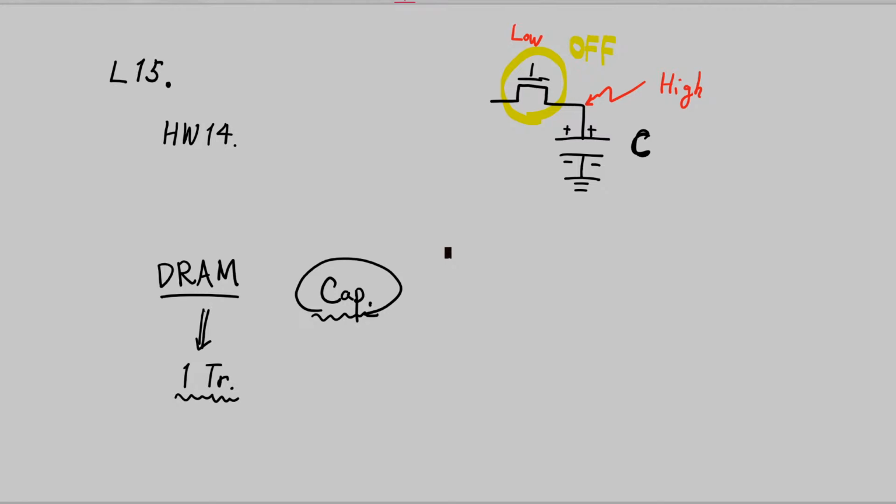So now we have typically this situation. If our transistor is really perfectly turned off, then the data stored in this capacitor will stay forever.